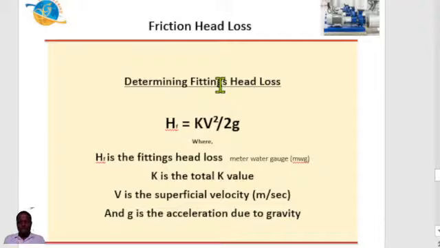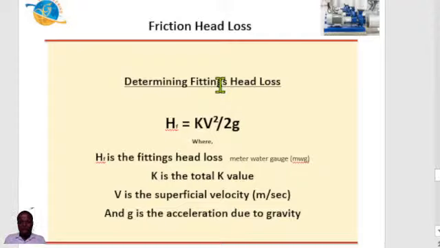So all you need to do is take the K value of one 45-degree elbow, which is 0.4, and multiply it by 4. If you have 4 45-degree elbows, and say 3 90-degree elbows with a K value of 1, you will say 1 multiplied by 3.